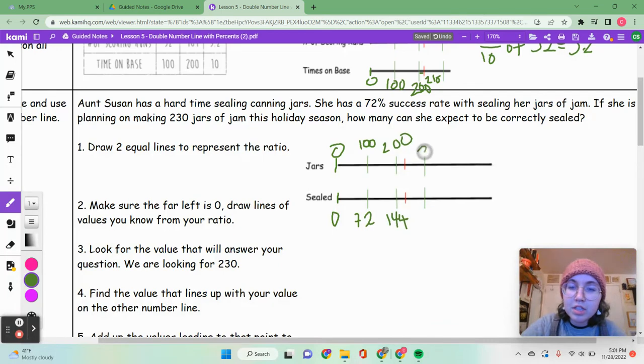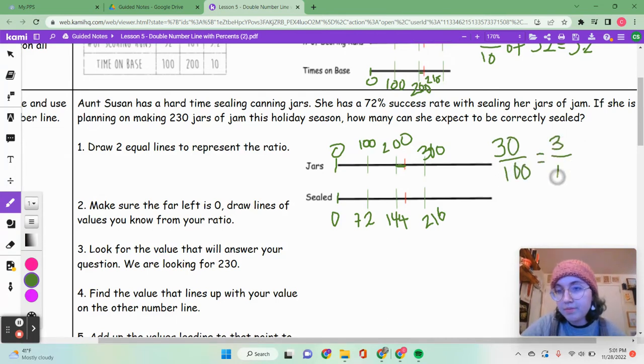And if Aunt Susan attempted 300, which she didn't, that would be 72 times 3, which is 216 in total. But Aunt Susan attempted 230. So we need to add 30 more jars, right? 30 out of 100 more jars. So 30 out of 100, that's equal to 3/10, right?